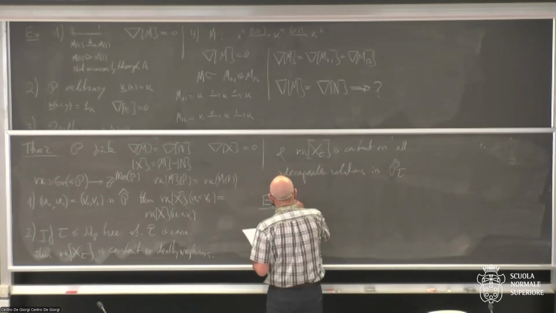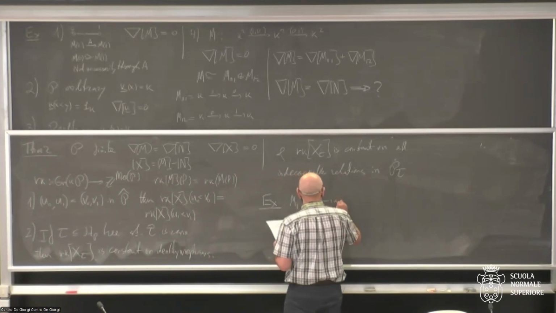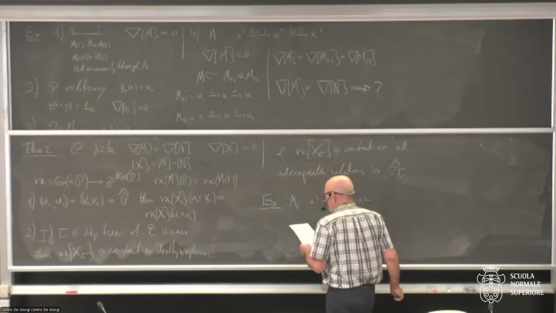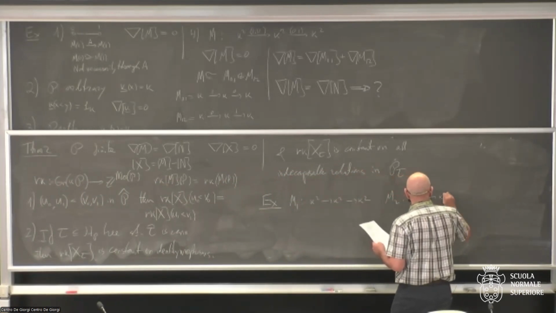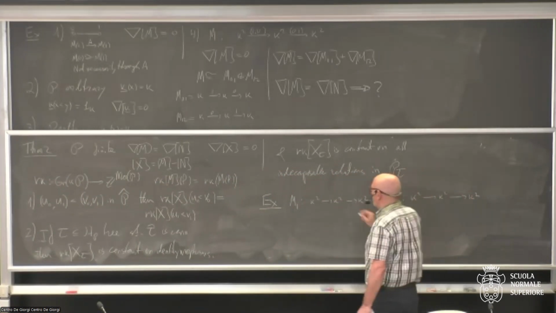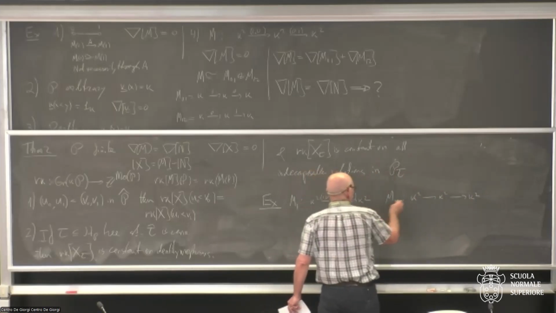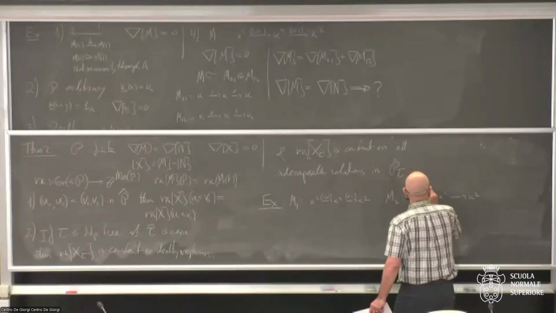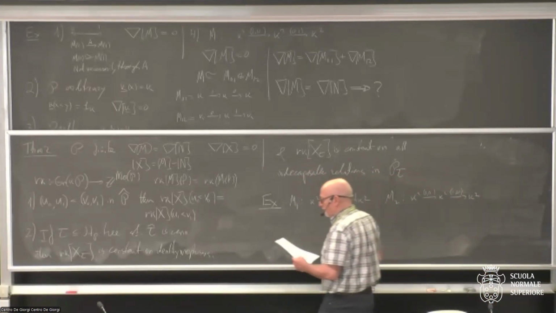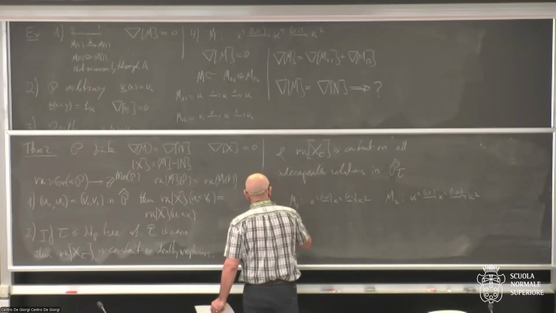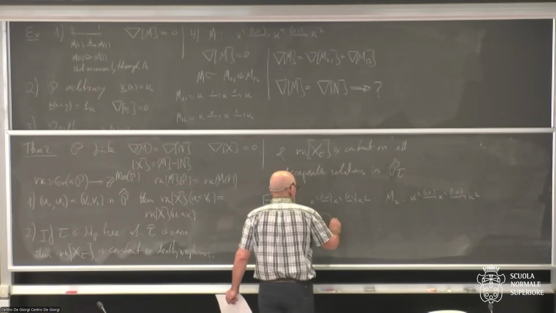So I want to look at M1, which is going to be K squared, K squared, K squared. And M2, which is also K squared, K squared, K squared. But M1 is going to be the previous one, so it's going to be (1,0) and (0,1). And M2 is going to be (1,0) and (1,0). Okay, so the gradient of M1 is equal to the gradient of M2 is equal to 0.